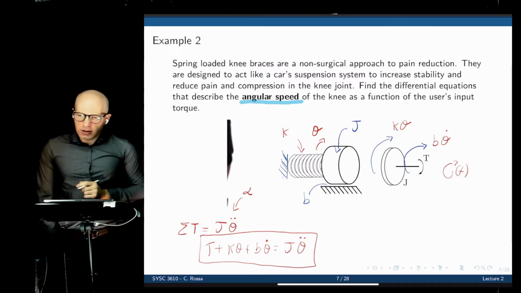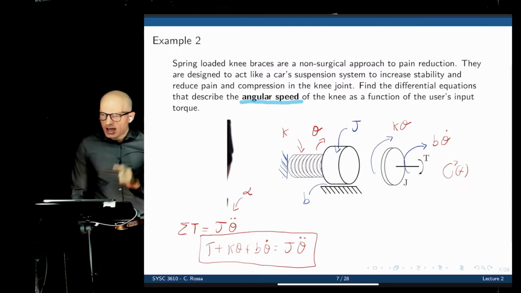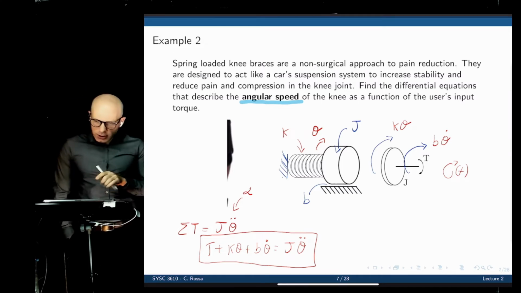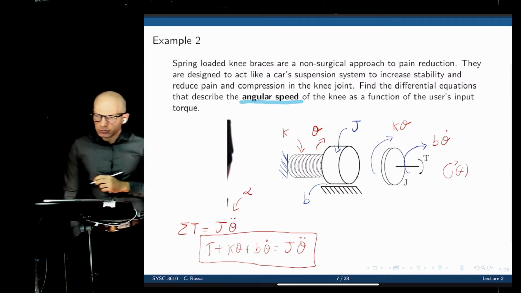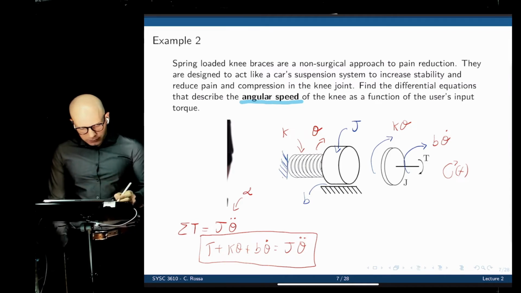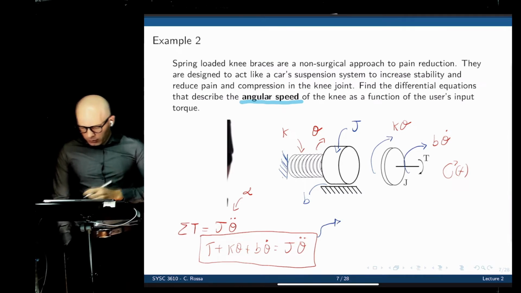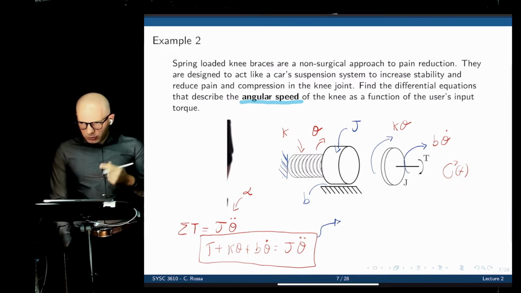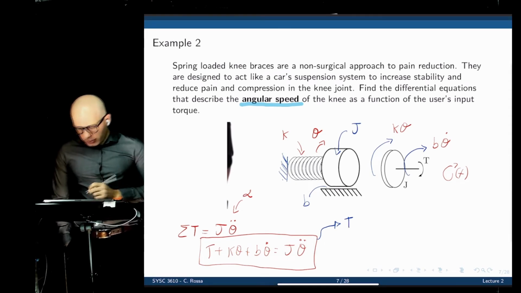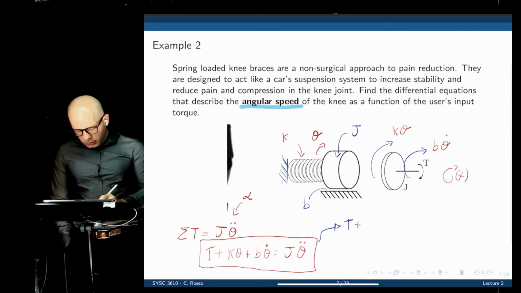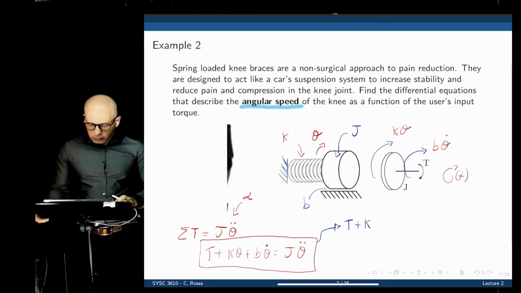Now notice that the problem asks for the relation between the angular speed and the torque. So how can you rewrite this expression in terms of angular speed instead of position? Here we have position. What is the relation between position and speed? The derivative. K is still the spring constant.